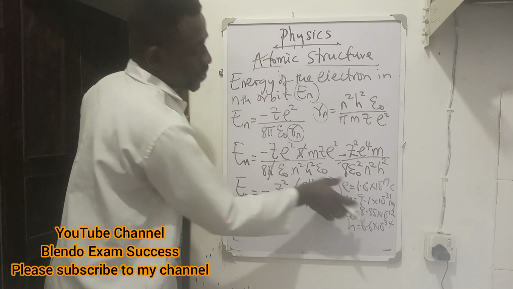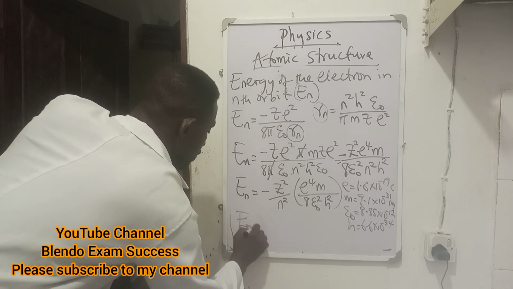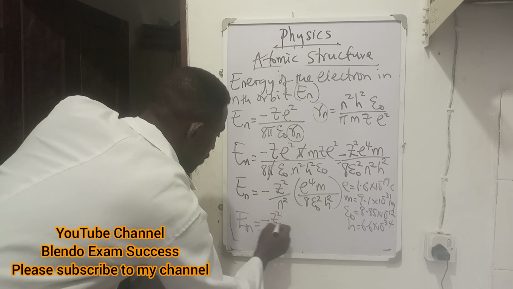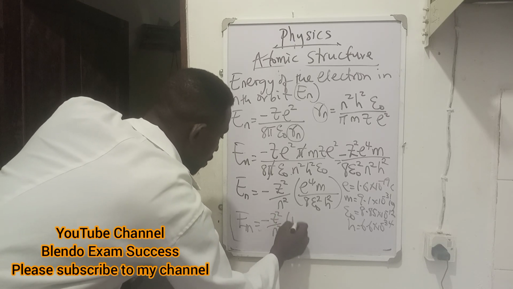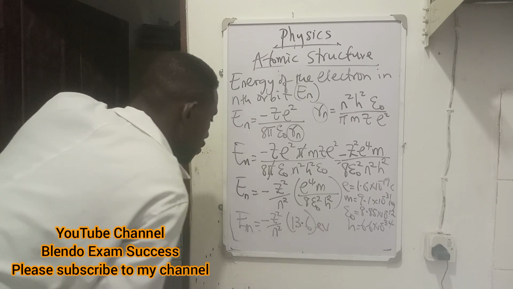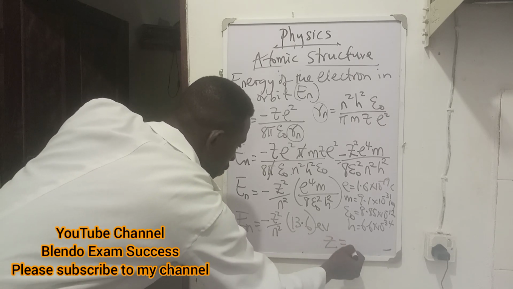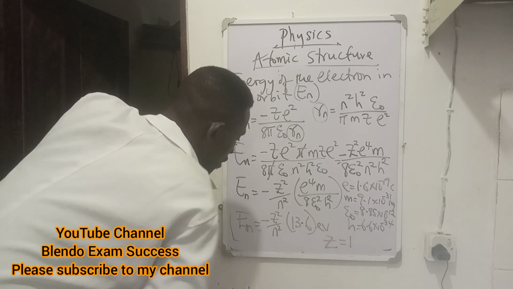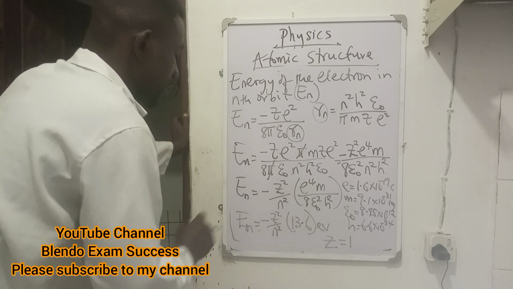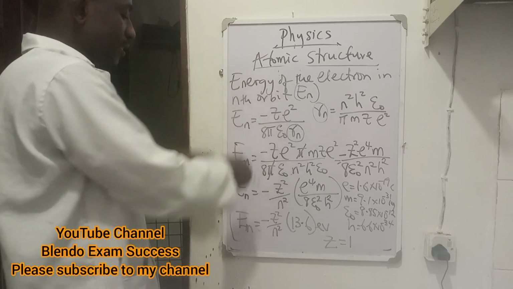So when you substitute these values, we get En is equal to minus Z squared over n squared into 13.6 electron volt. Z is equal to 1 for hydrogen atom. So this is what we have as the energy possessed by the electron in the nth orbit.